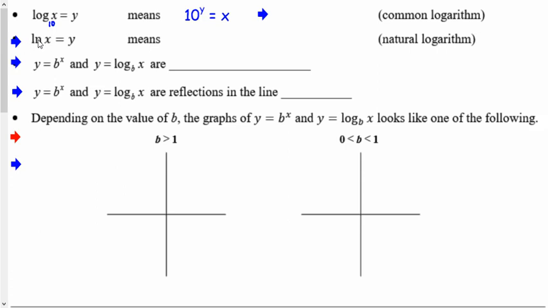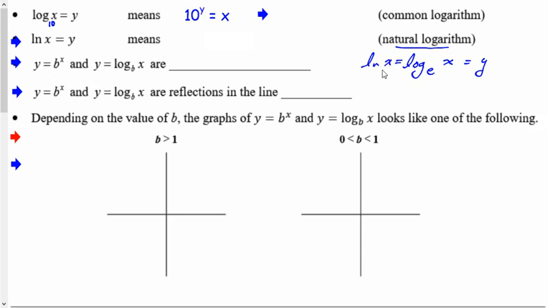It's actually an ln, and this stands for natural logarithm with the letters kind of reversed. When I have a logarithm with a base of e of x equals y, this is the same as ln of x.